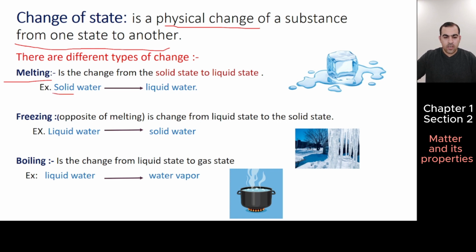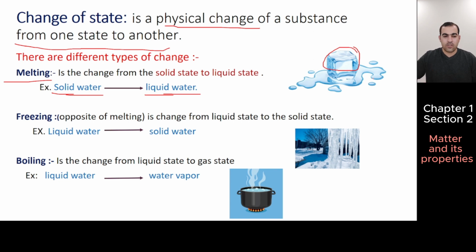Solid changes to liquid. Example, solid water to liquid water. When water is in the solid state, we call it ice. So it's still water, but when it melts, it becomes liquid water.